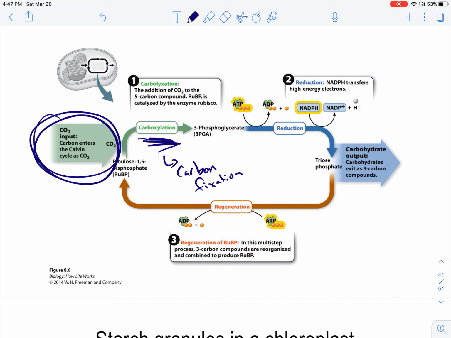So this is where you actually pull a molecule of CO2 from the air and attach it to a string of carbons. And this is what takes energy. Well, this is one of the things that takes energy.